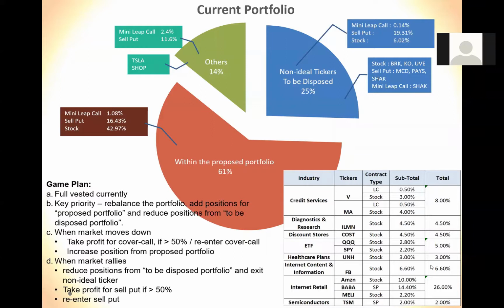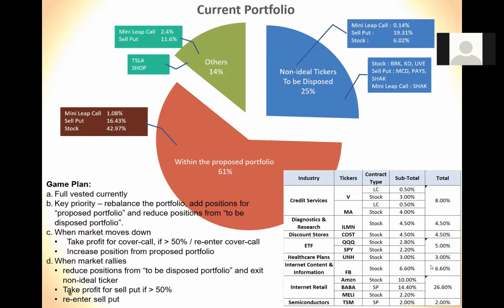Then, of course, I do have the qualitative aspect, which is the moat factors of all these companies, given a rank and a score as well. That helped me with the selection, and with each ticker that I finally shortlisted, I have also attached a strategy to each of them.